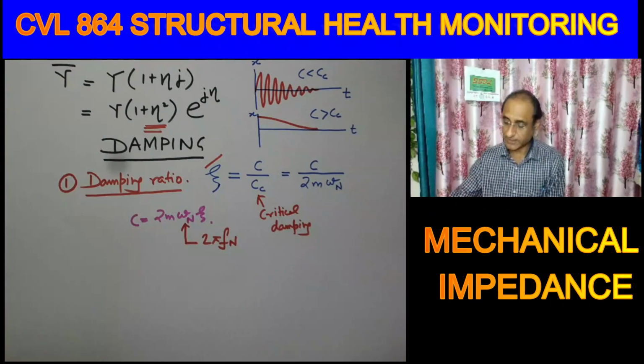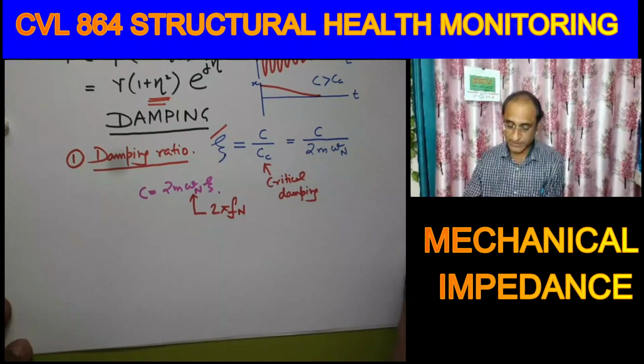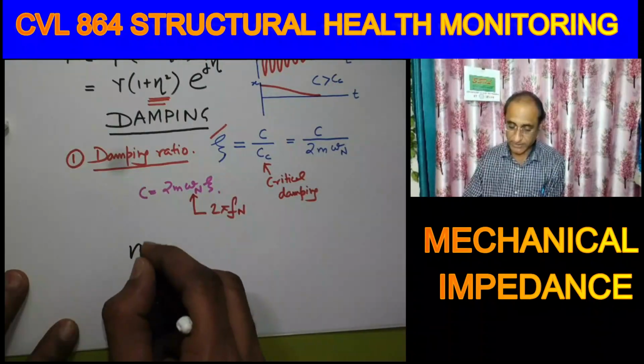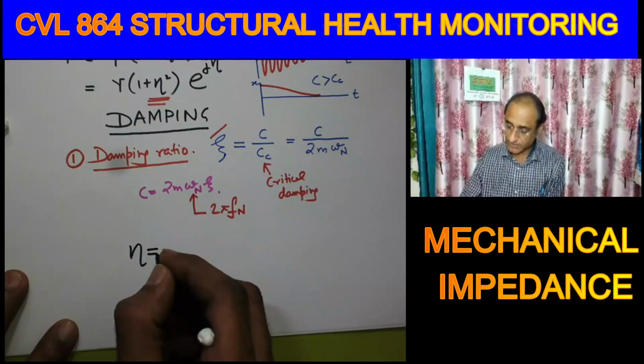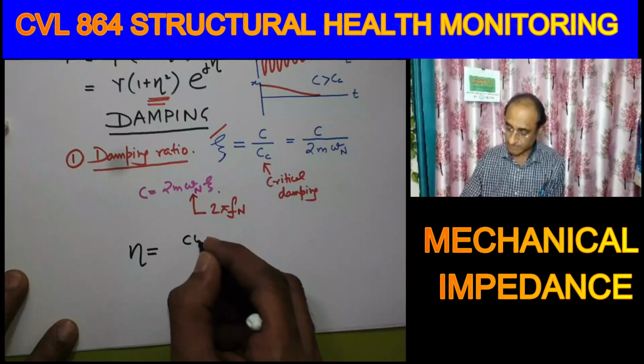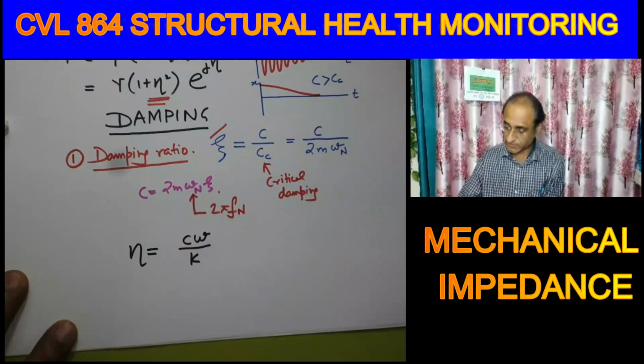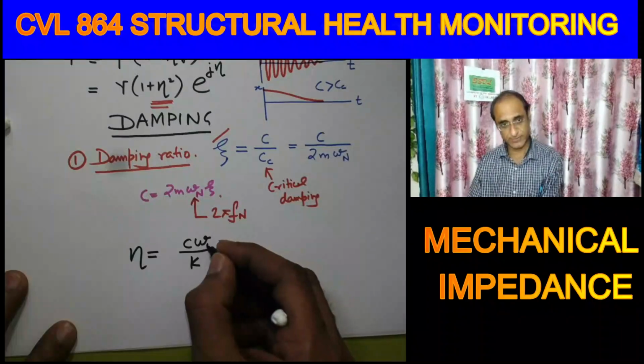Yes, exactly. Because we have derived earlier that eta is basically C omega by K. And of course when we say omega, we mean the natural frequency.